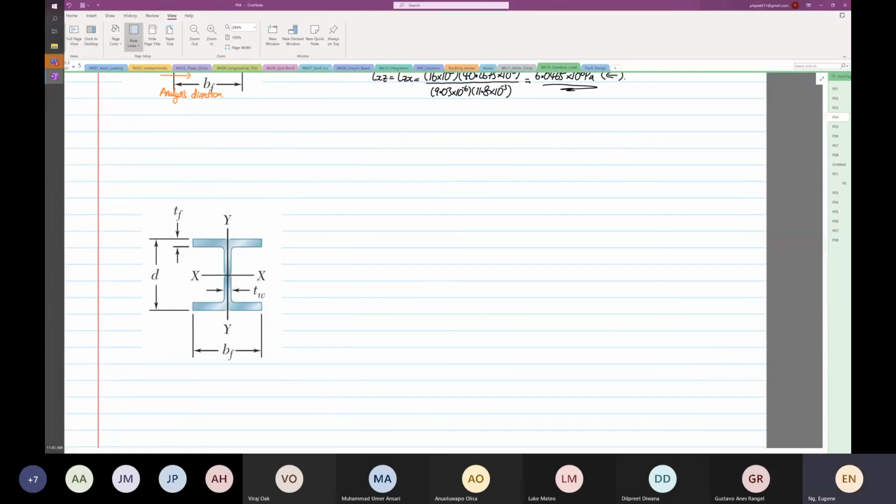Okay, so where are we now? What we are going to do now is find the shear xz, which is generated by Vy, and then we also have to apply thin wall analysis.